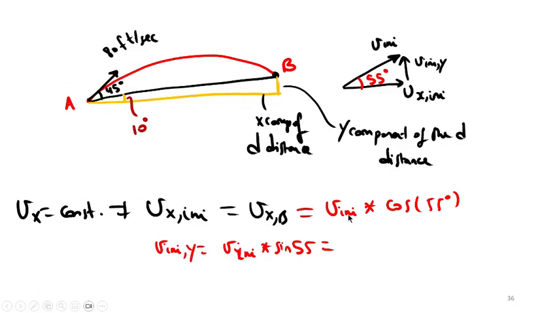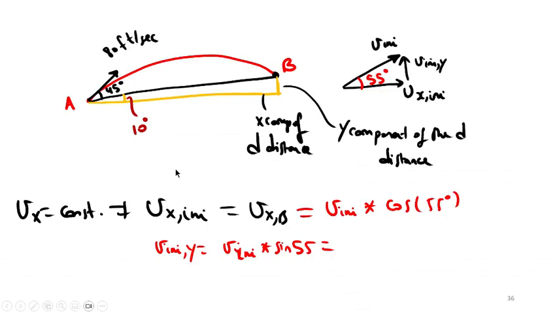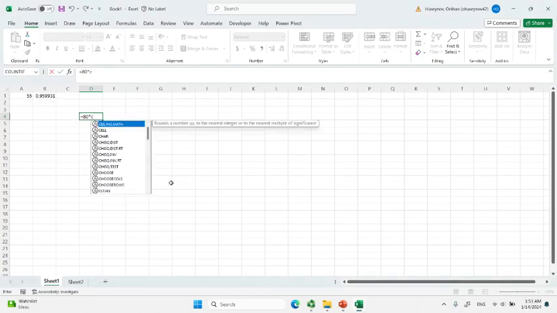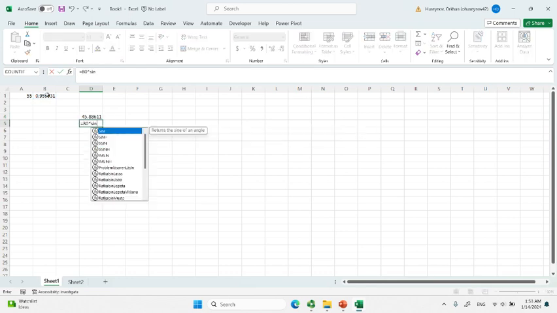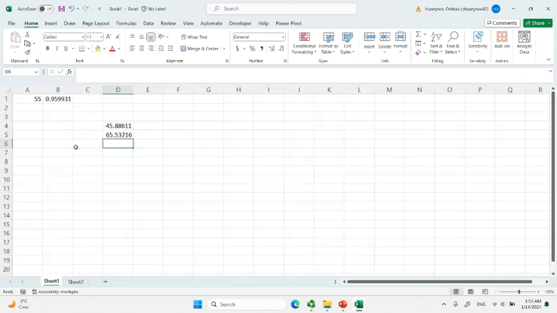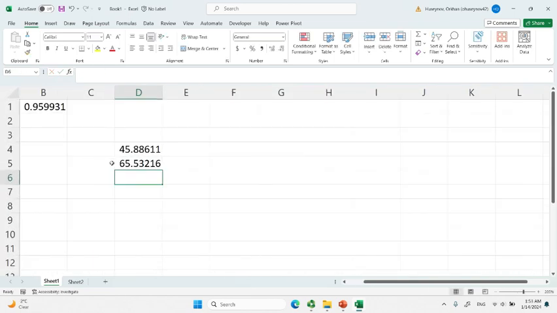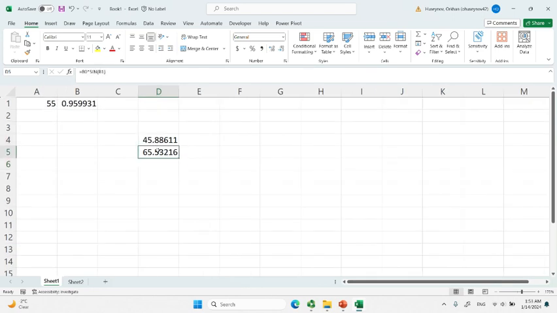The first one is the initial velocity, which is 80 feet per second, times the cosine of 55. And then again 80 times the sine of 55. The first one is the cosine and the second one is the sine.